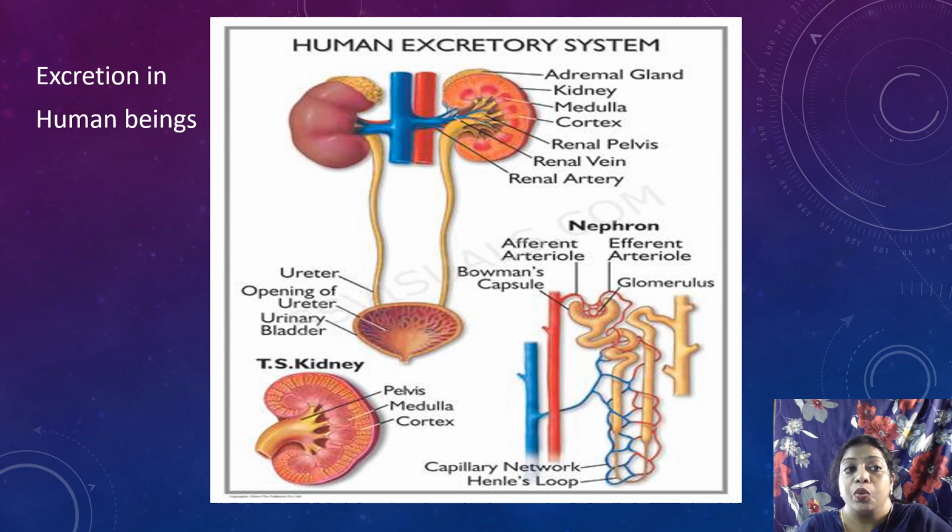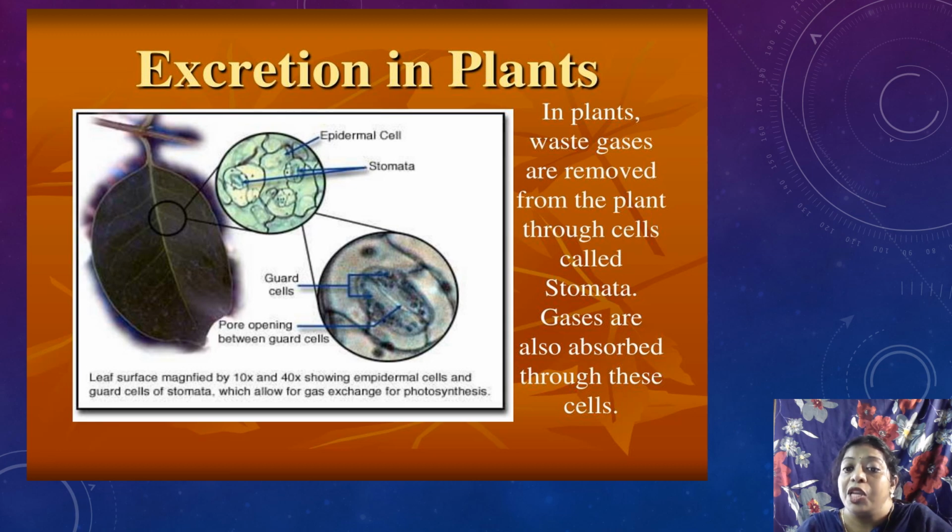So the next slide will be excretion in plants. Of course, as you already know, in plants the unwanted water is taken out by the stomata, by the stomatal opening, through the process of transpiration.